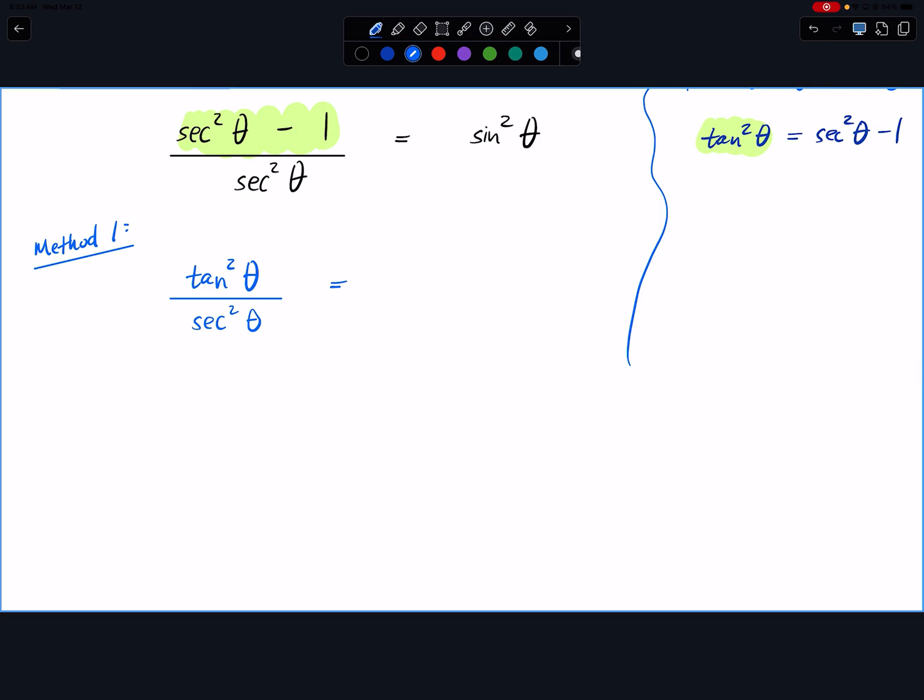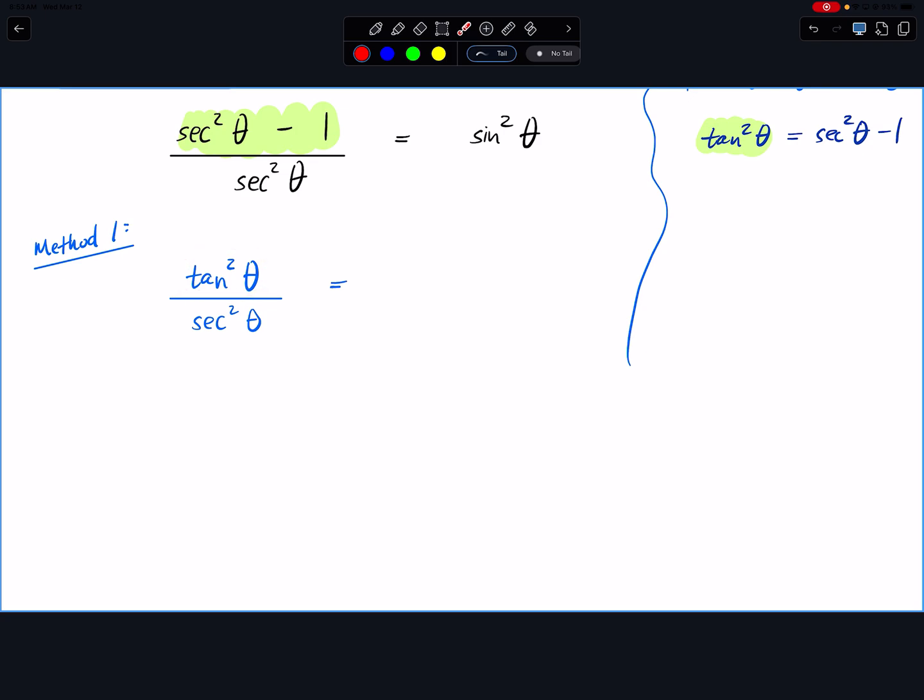Now, for this fraction, look at our goal, right? We want things with sines. Do I have anything with sines the way it's written right now? No. So I'm going to use that strategy, just change everything to sines and cosines and see what happens. So how can I rewrite tangent? Sine over cosine.